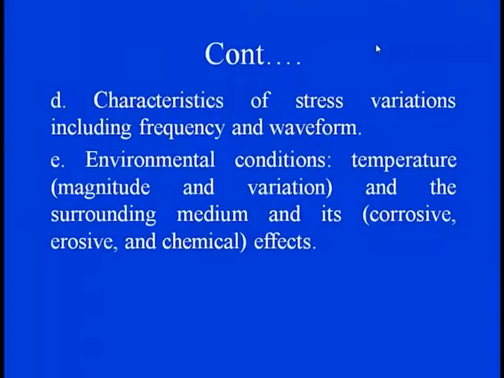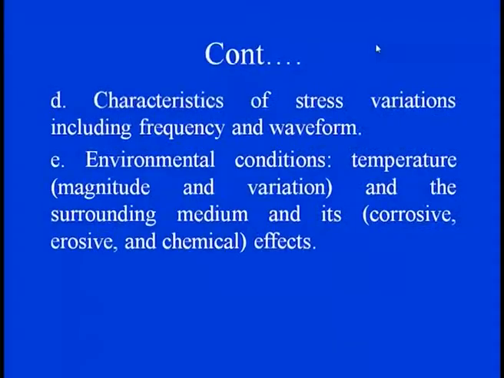So this is one of the significant factors which can straightaway affect the damping property of material. Also, the characteristics of stress variation with respect to frequency and waveform matter, whether sinusoidal, impulse, or any other where abrupt changes and non-stationary waveforms are created. They also have a direct impact.